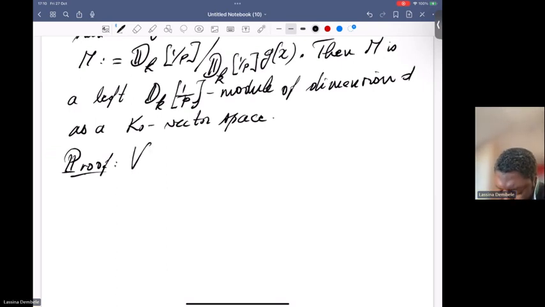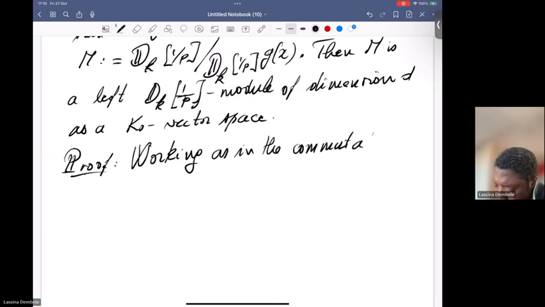So basically, working as in the commutative case, we can show the following.